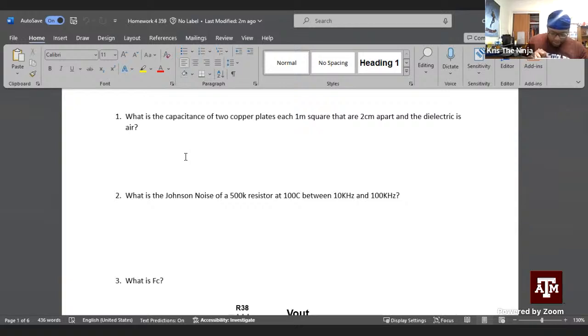I'm trying to see if I actually have it written down in my notes somewhere. You know what? Screw it. I'm not going to spend 10 minutes looking for this equation. I'm just going to look it up, because it's an equation that you will see a lot of the time. So let's see, capacitance formula.